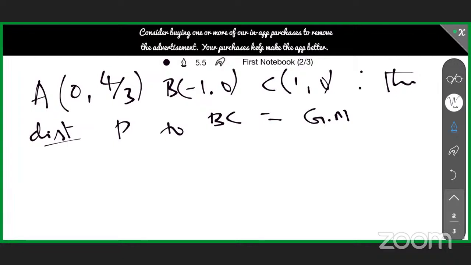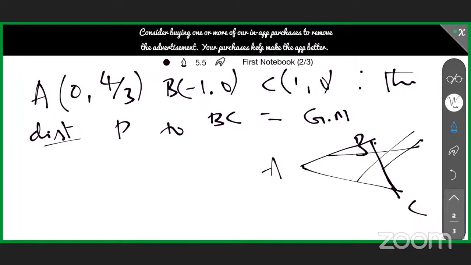Now, first of all, what they're telling is there are three points A, B, C, and there's one more point P. The distance from this line to this point is equal to the distance from the other line to this point.